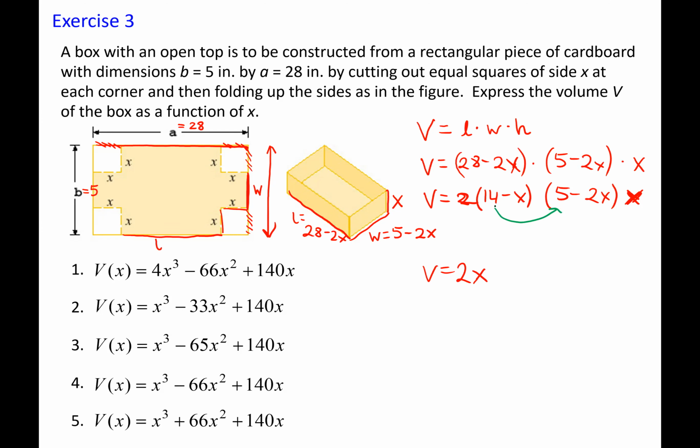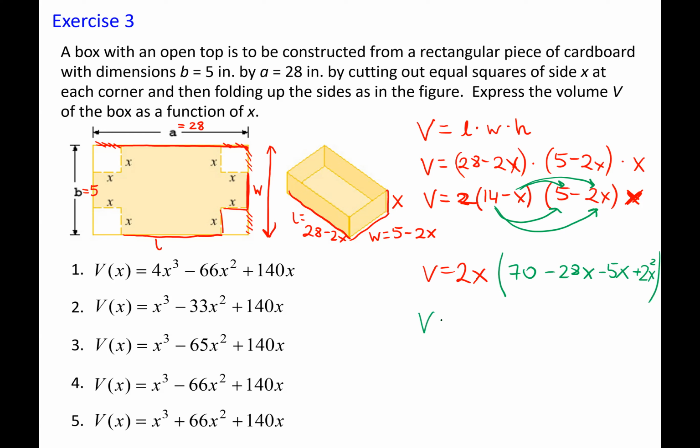14 times this, 14 times this, x times this, x times this. 14 times 5, I believe is 70. 14 times negative 2, negative 28x. Negative x times 5, negative 5x, negative x times negative 2x, positive 2x squared.